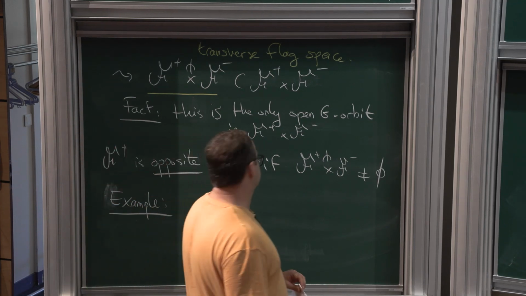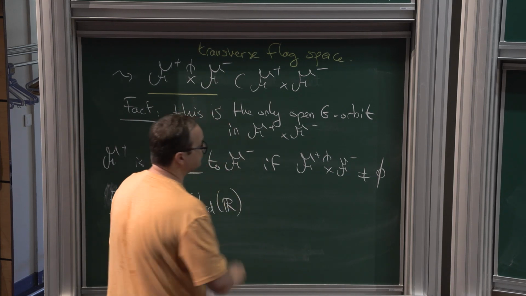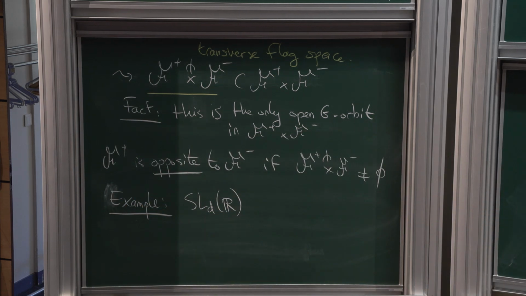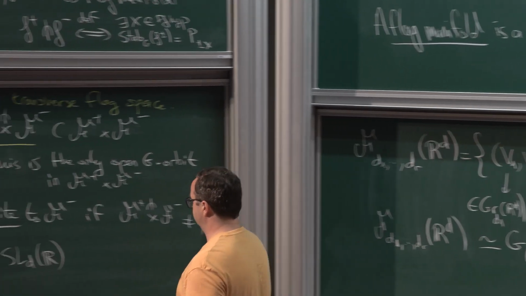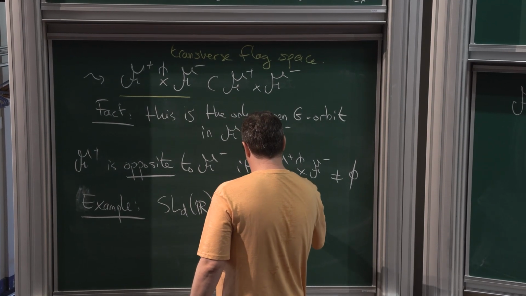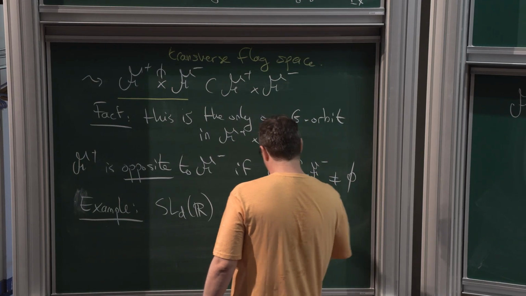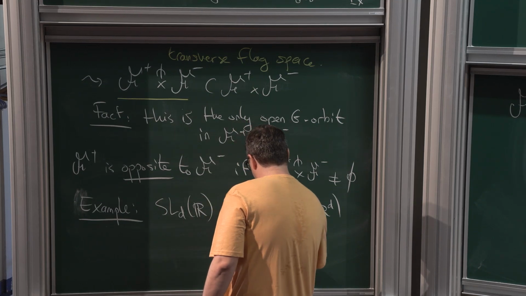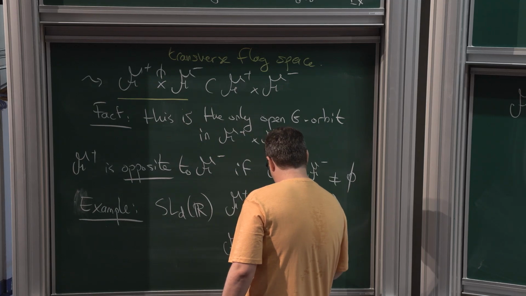If you look at SL_d(R), if you look at some flag manifolds, so say F plus is a flag manifold corresponding to some dimensions d_1 through d_r, and F minus is corresponding to some d'_1 through d'_r'.